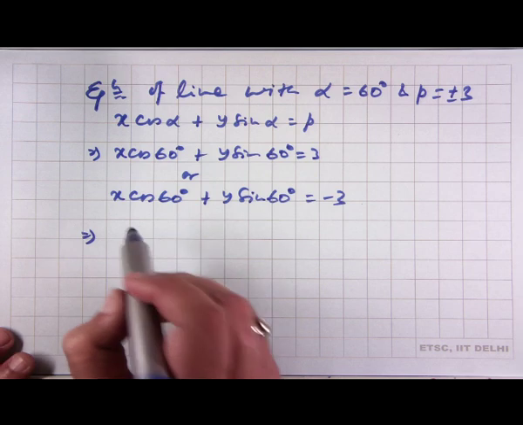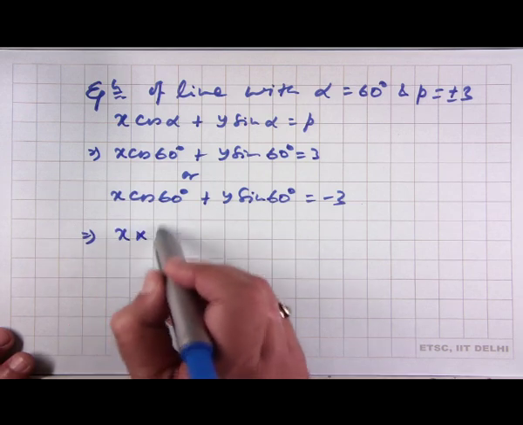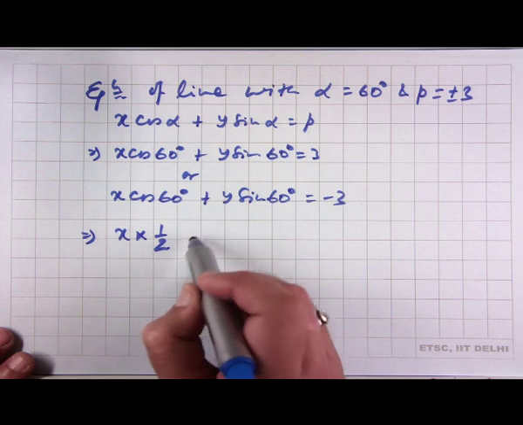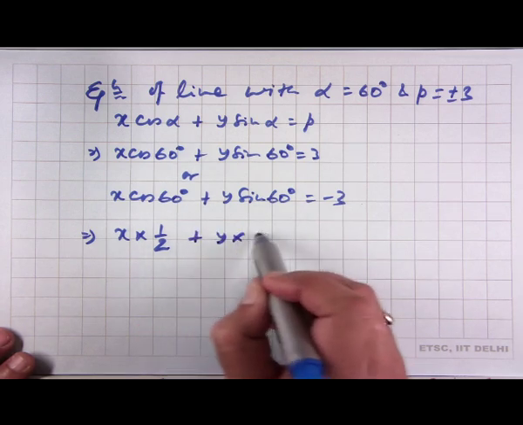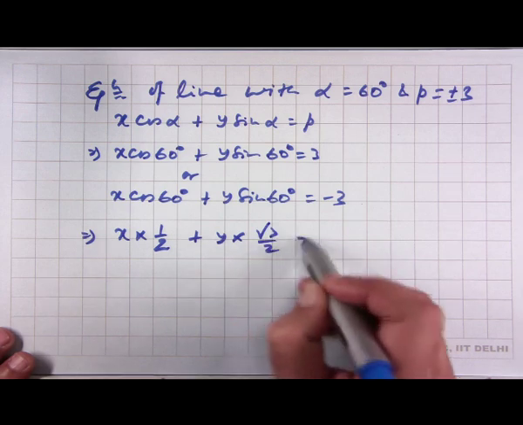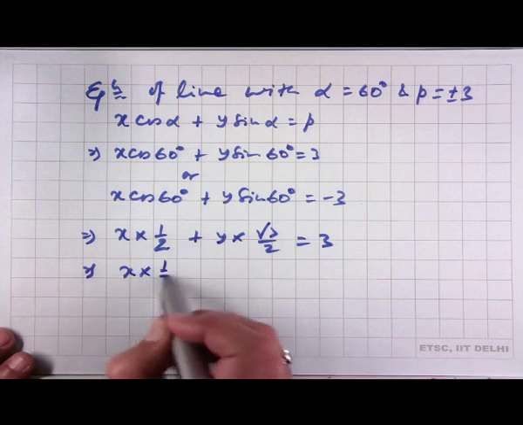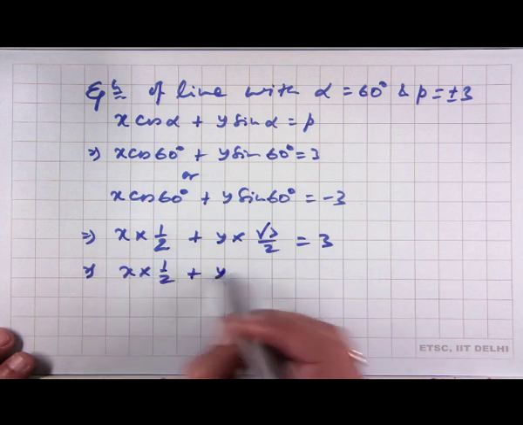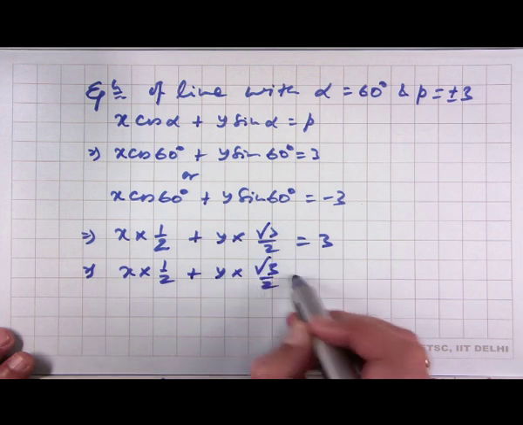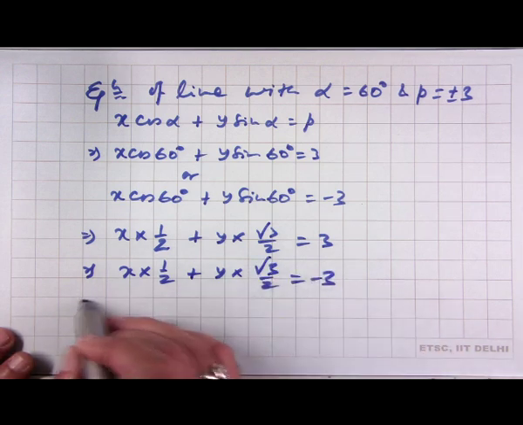So this implies x into 1 by 2 plus y into root 3 by 2 equal to 9, and x into 1 by 2 plus y into root 3 by 2 equal to minus 9.